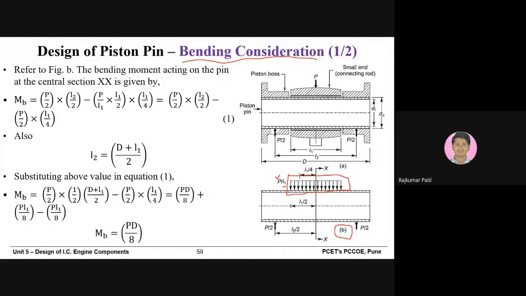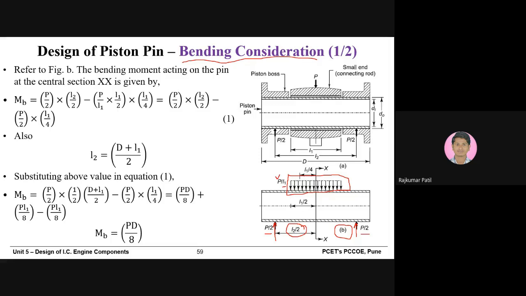And because of the force there are reactions. On the left side you can see P by 2, and also on the right side you will see P by 2. These are the resisting forces in order to have equilibrium, and we generally consider them as point loads. The location of the reactions P by 2 on both sides is generally L by 2.